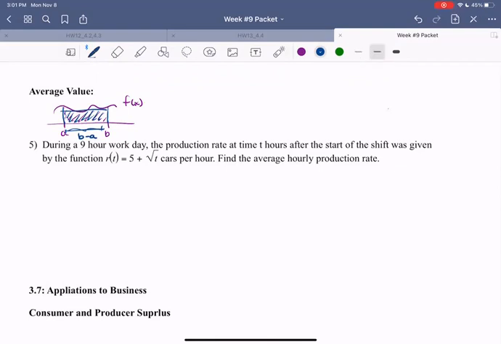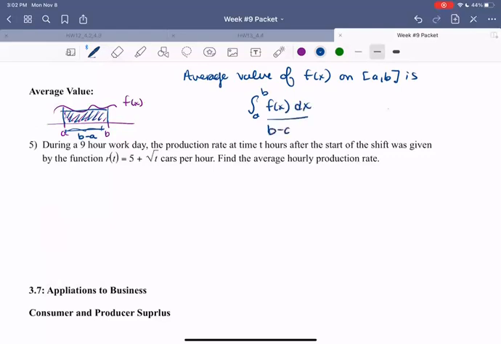So if we want to write this down, the average value of a function f of x on the interval a to b is, well, we compute the integral from a to b of f of x, and then we divide by the length of b minus a, or that length of the interval.